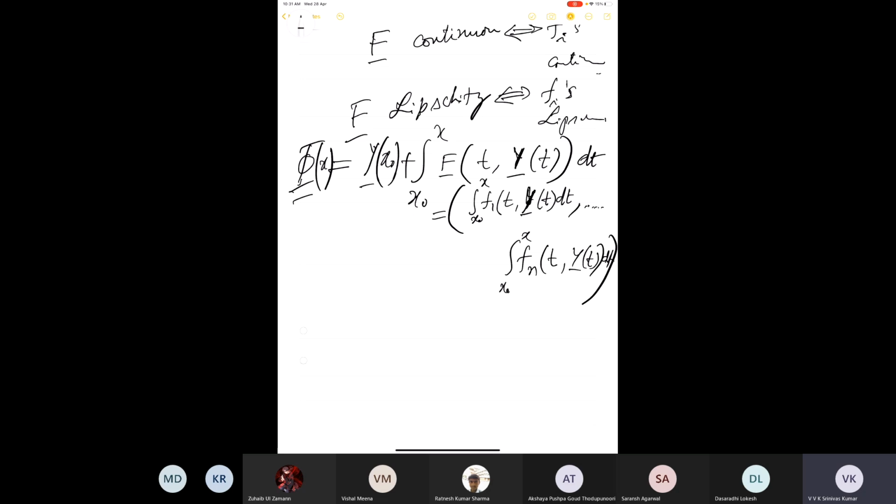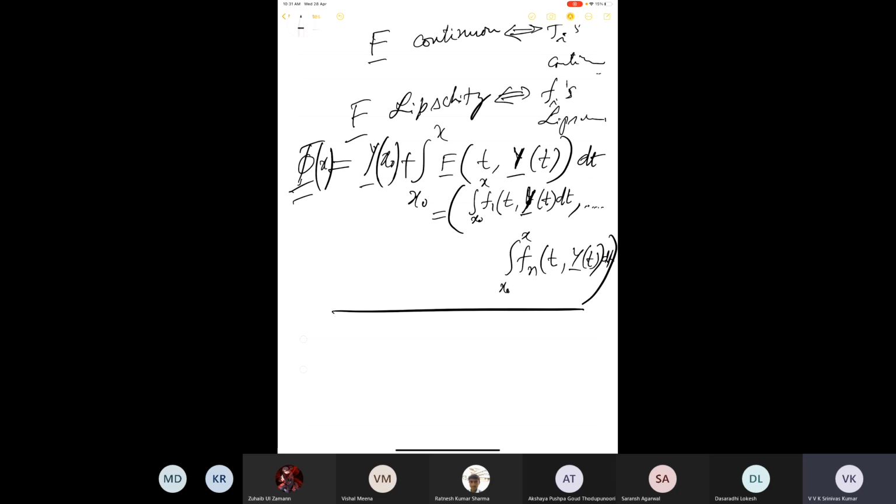And we can define all these things. This is the scalar case, and this is another topic.